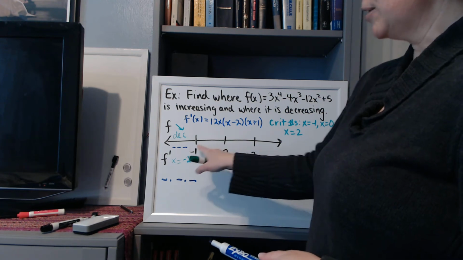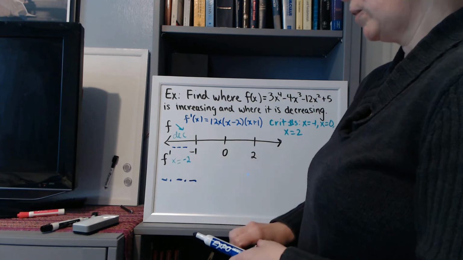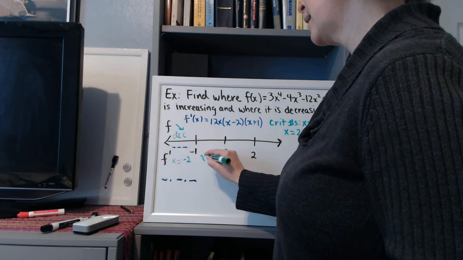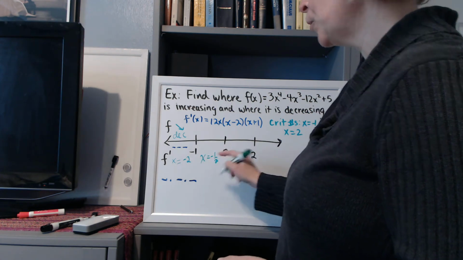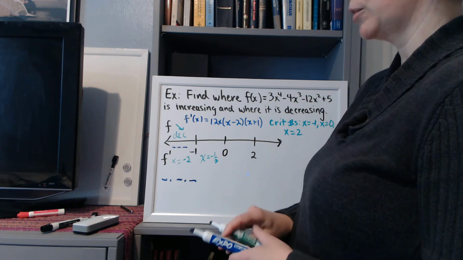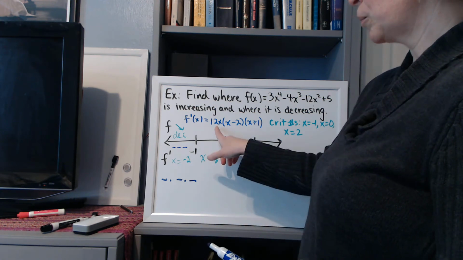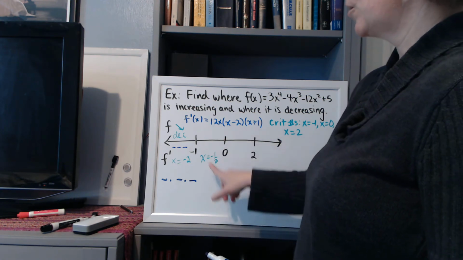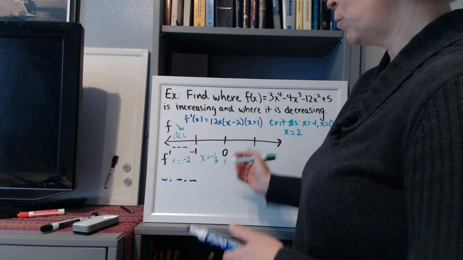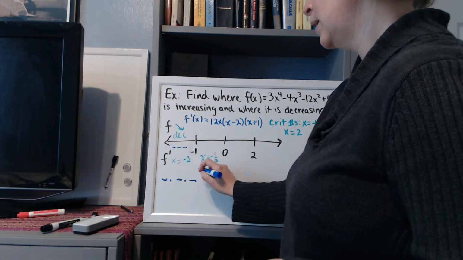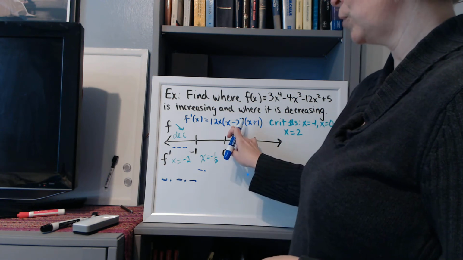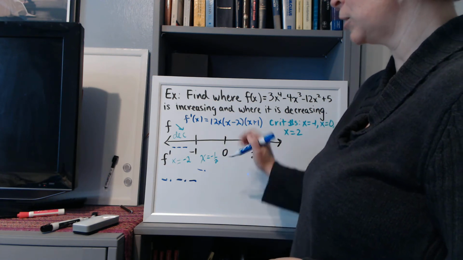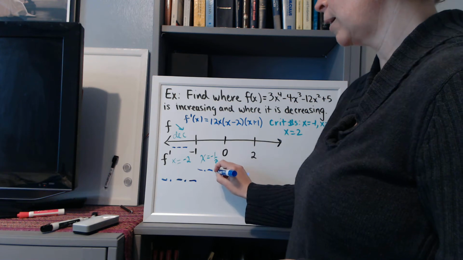Now, in our next interval between negative 1 and 0, I'm going to choose x equals negative 1/2. And again, you can choose any value you want between negative 1 and 0. This one I think is convenient. We're going to plug into the derivative. So 12 times negative 1/2 is going to give us a negative. When we plug in x equals negative 1/2 to x minus 2, we're going to get negative 1/2 minus 2, which will still be negative.